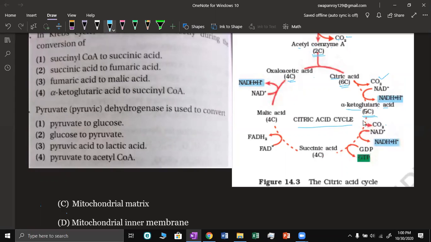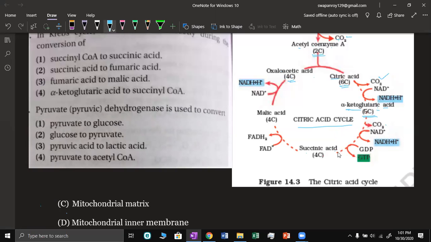So that's why there is a formation of succinyl coenzyme A. Some of the intermediate compounds have not been given here. See, this line is a broken line, which means the conversion of alpha ketoglutaric acid to succinic acid is not a single-step reaction.